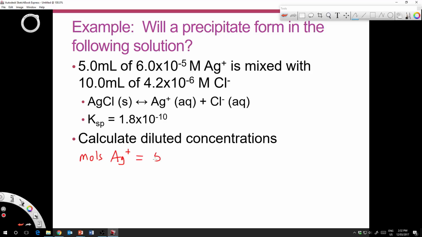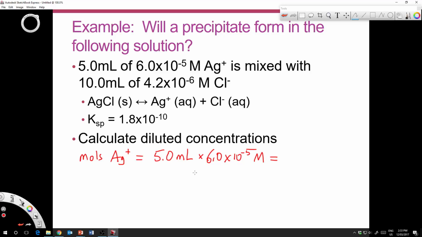And you'll notice that in previous mole calculations, I always converted the milliliters to liters, but if you do the following, so we want to multiply this by the concentration, 10 to the negative 5 molar.